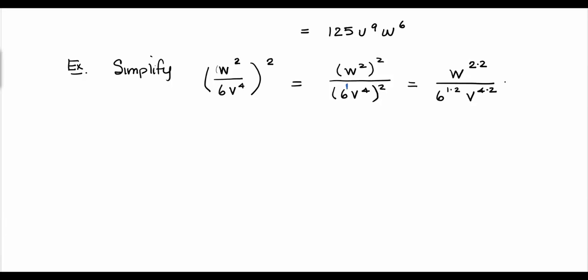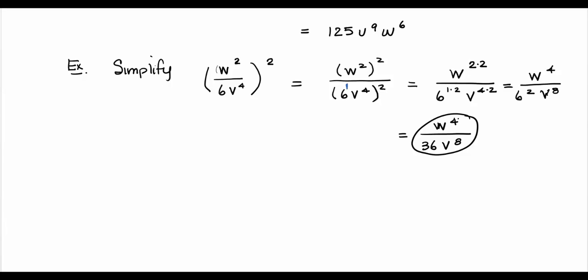And now if I simplify that, I get w to the 4th all over 6 squared, v to the 8th. And if I keep going, 6 squared is 36, so my final answer is w to the 4th over 36 v to the 8th. Make that w look a little bit better. Okay.